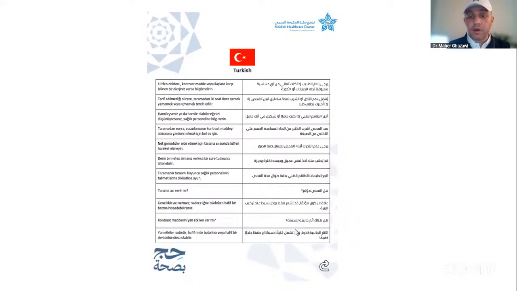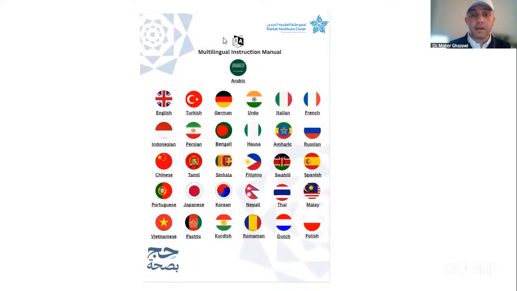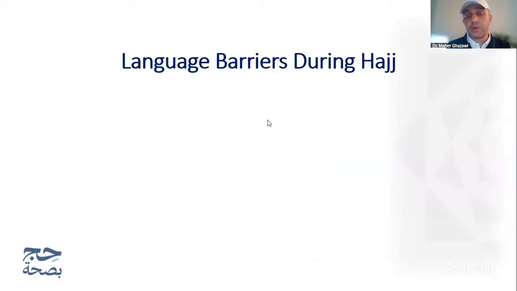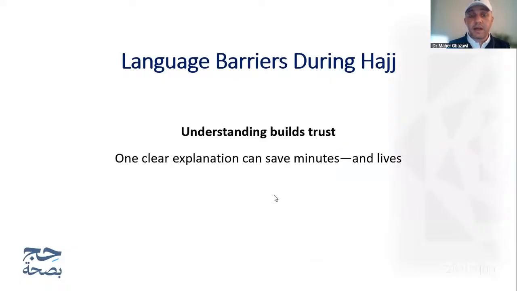Okay, by clicking on this arrow here, you will go back to the main page. So language barrier during Hajj is a hidden challenge. Always be ready. And believe me, understanding builds trust. One clear explanation can save minutes and lives.